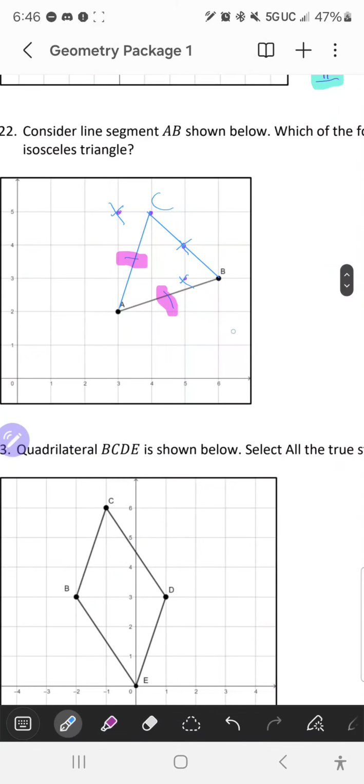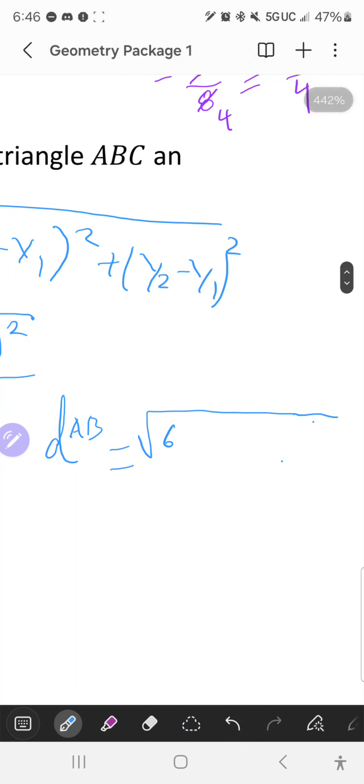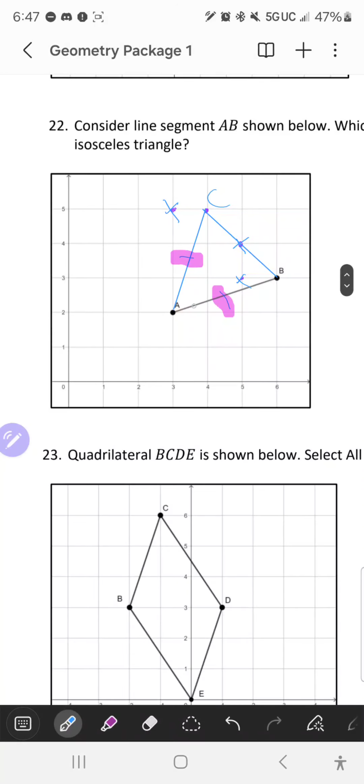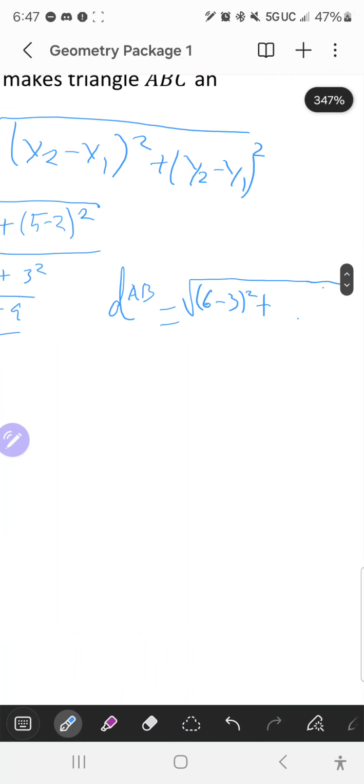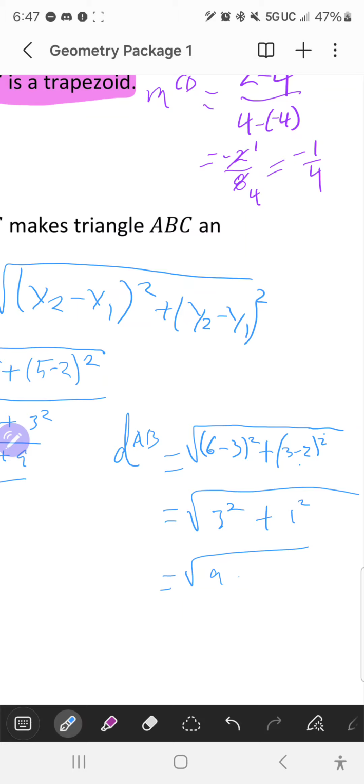X2 is 6 and X1 is 3. Actually, this is 6 minus 3 squared plus y2 is 3, y1 is 2, 3 minus 2. 3 minus 2 squared, which is 3 squared plus 1 squared, which is 9 plus 1, which is the square root of 10.